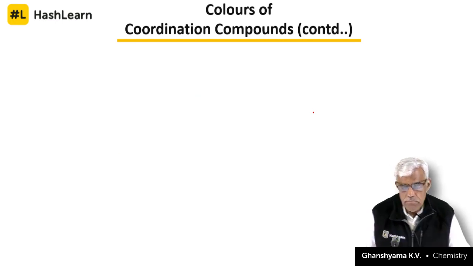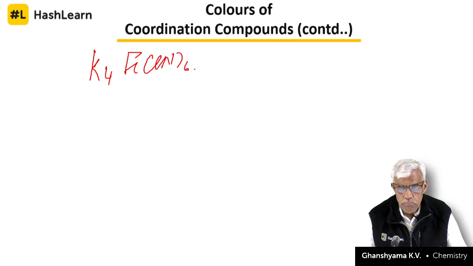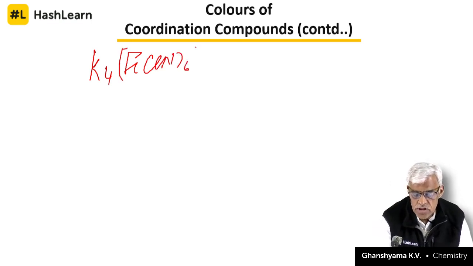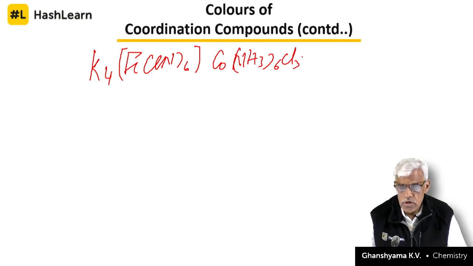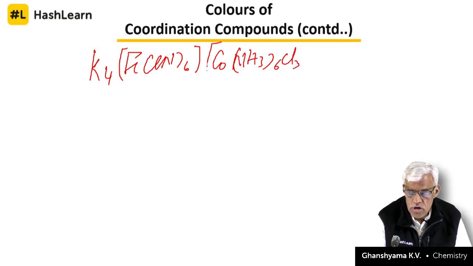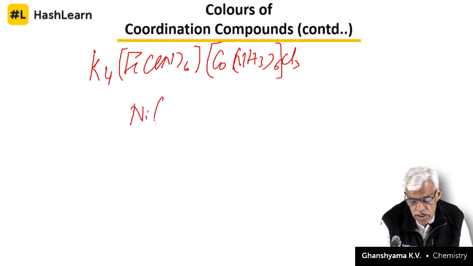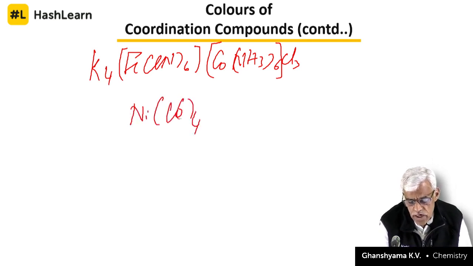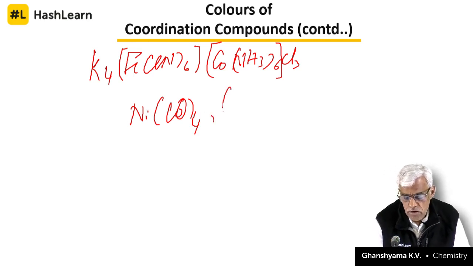Whereas transition metals, K4[Fe(CN)6] is a complex. Iron is a transition metal. [Co(NH3)6]Cl3. Co is a transition metal. [Ni(CO)4]. Ni is a transition metal.